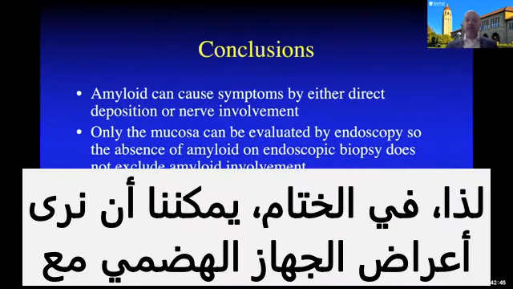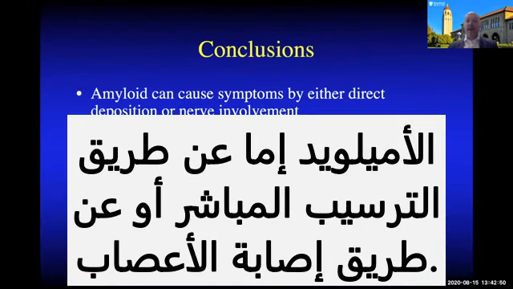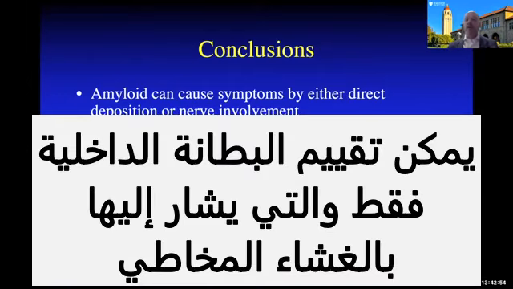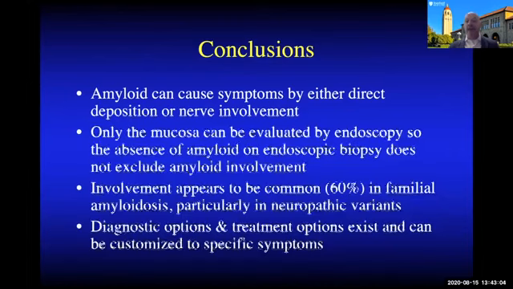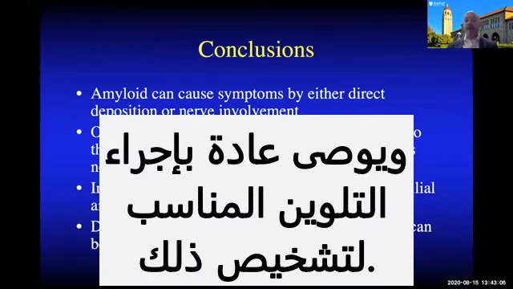So to conclude, we can see gastrointestinal symptoms with amyloid by either direct deposition or by nerve involvement. Only the inner lining, referred to as mucosa, can be evaluated with endoscopy because the biopsies don't get to deeper layers than that. And proper staining is typically recommended to make the diagnosis.